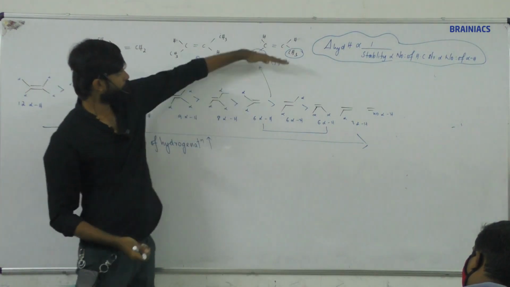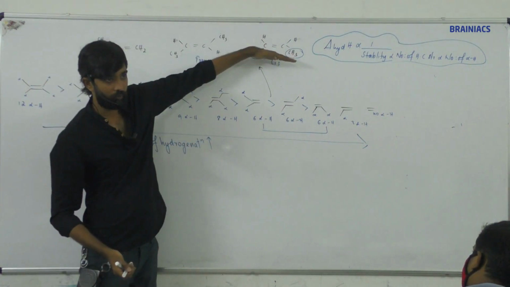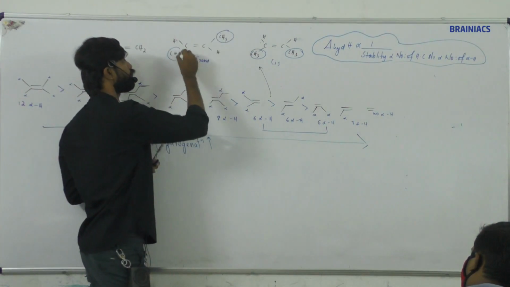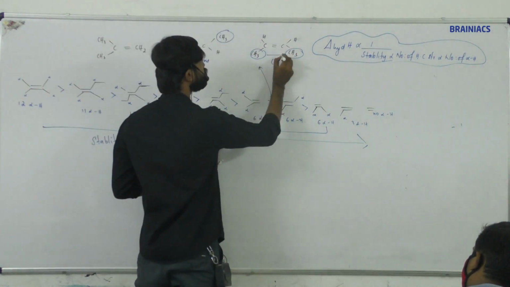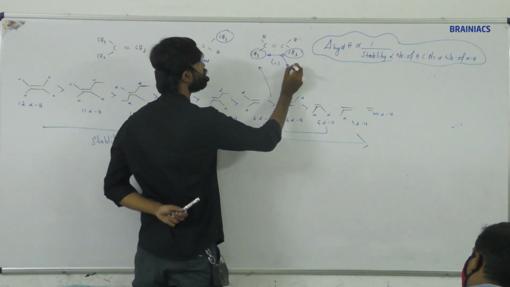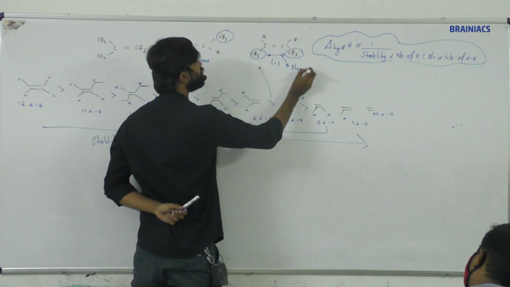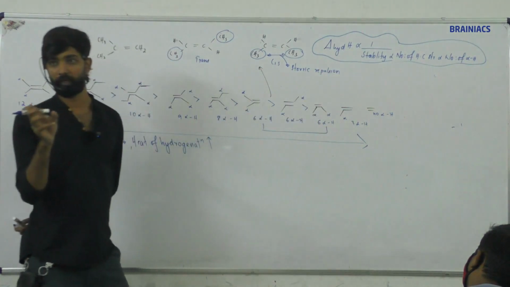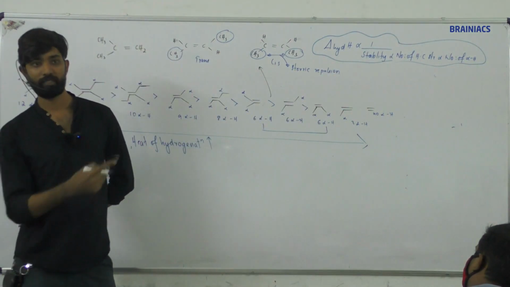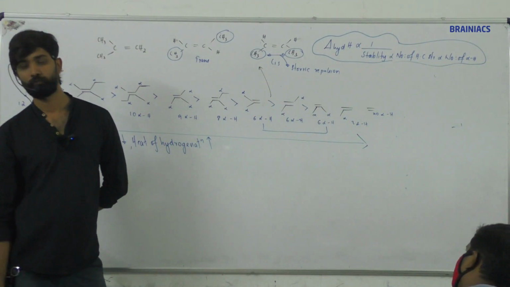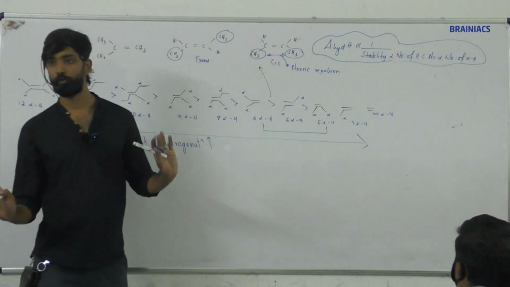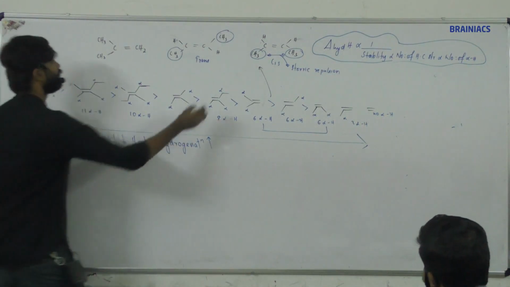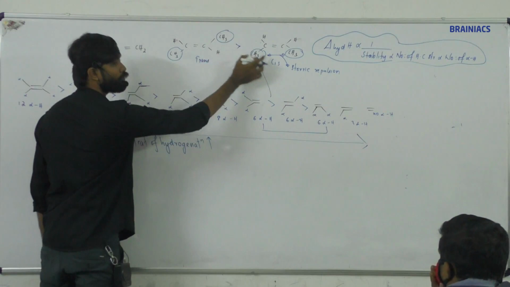Okay. These two CH3s are in the same plane, whereas in trans these two bulky groups are in opposing planes. So since the two bulky groups are in the same plane, there is a steric repulsion, a crowding effect, which destabilizes the cis form compared to trans. Is that okay? Fine. So trans is more stable than this one.